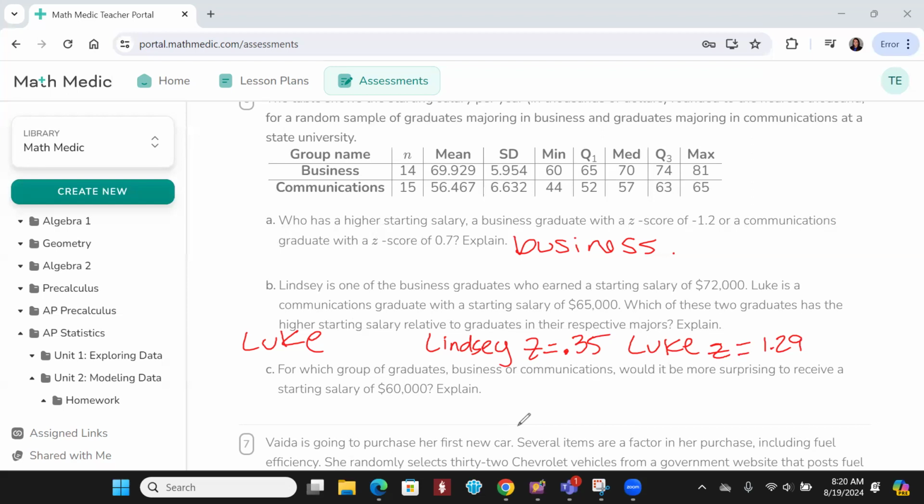So that goes back to our conversation of z-scores allowing us to compare two different things that aren't the same. Does that make sense? Okay. Good. Everybody says sure.